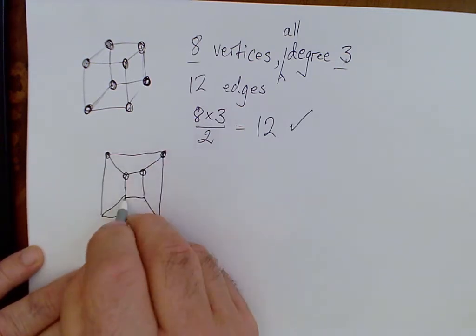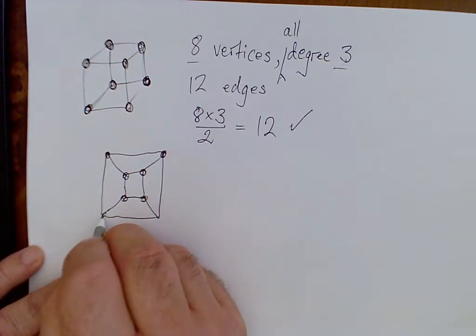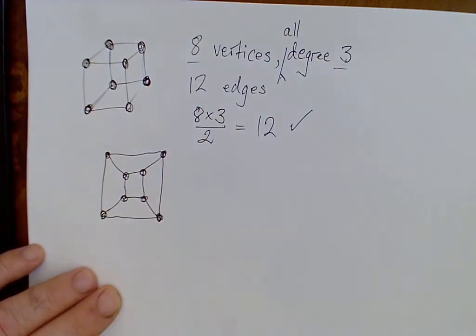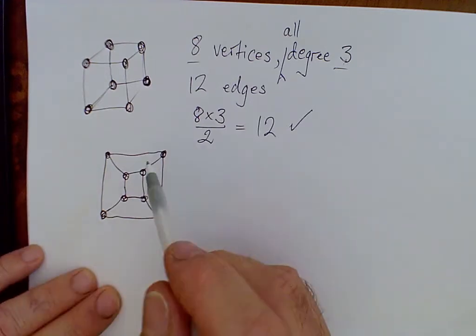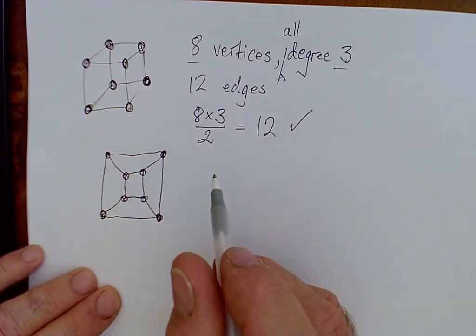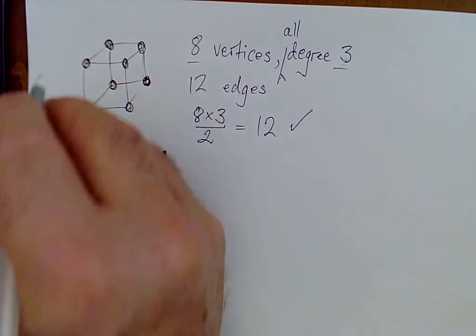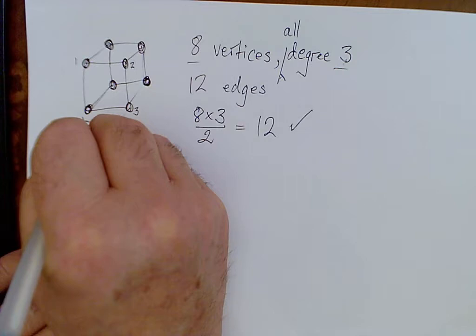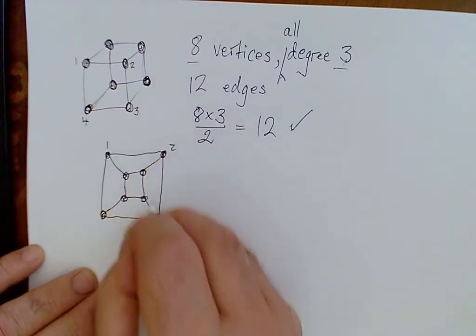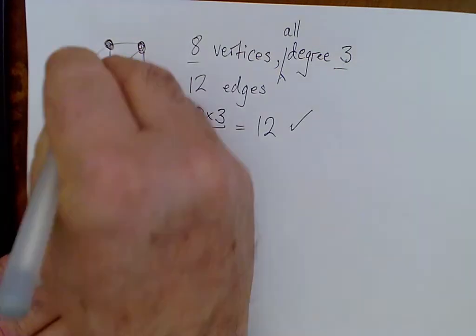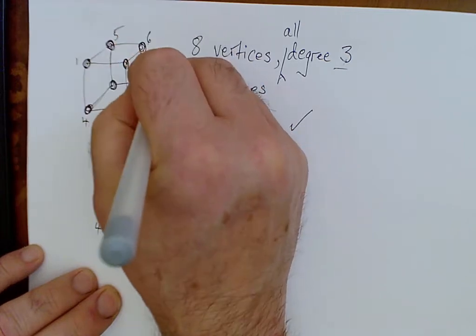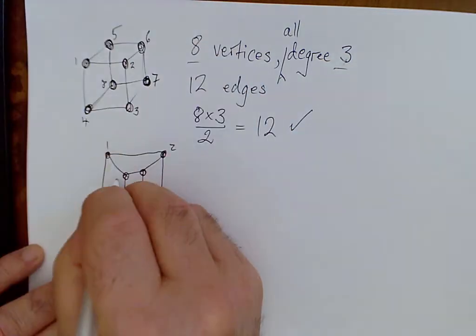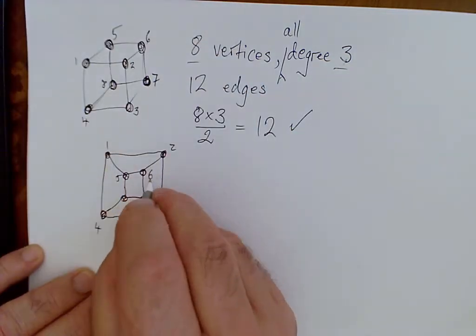It's obviously the same configuration of vertices and edges. Often it's not so obvious that you have the same graph. But here I could easily label the vertices in such a way that everything corresponds. If you do that, it's clear that these graphs are really the same.